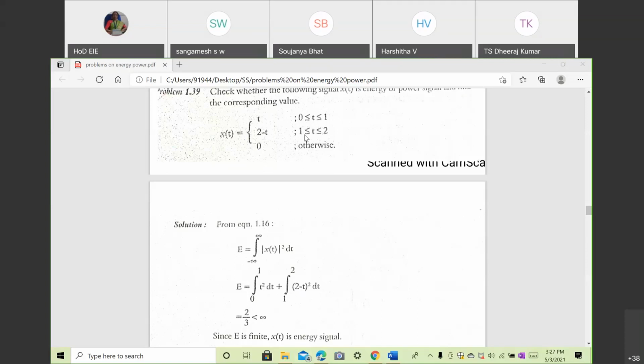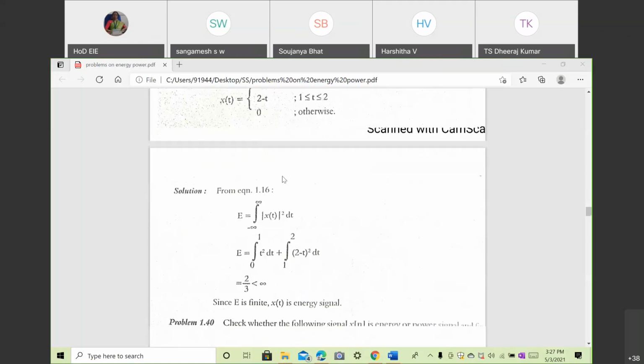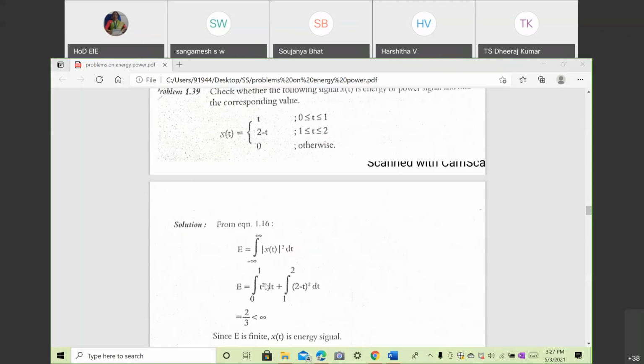And for the pattern of the wave in the range of t from 1 to 2, we substitute t values from 1 to 2, that is 1.1, 1.2, 1.3 up to 2, and we get the wave pattern for that 1 to 2 segment, and the rest will be equal to 0. Based on the 0 to 1 limit range and the 1 to 2 limit range, we use these equations: first the t equation for x of t for 0 to 1, and the 2 minus t equation for the 1 to 2 range of the limit.